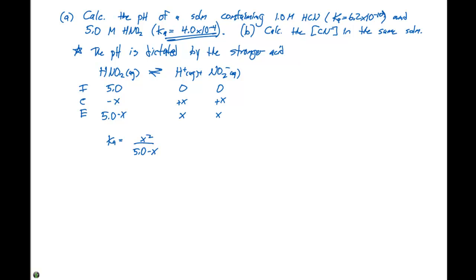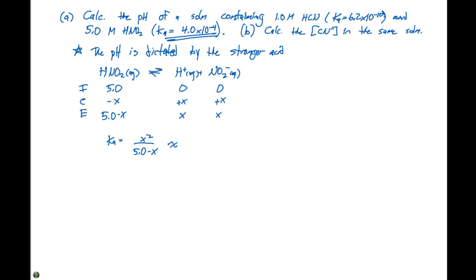Okay, some of the times we can do some approximations, and we can do approximations when our Ka values are really, really small, I would say smaller than 10 to the minus 5. And then we also can look at this if we have a very large concentration of our acid. In this case, we have 5.0, which allows us to use an approximation.